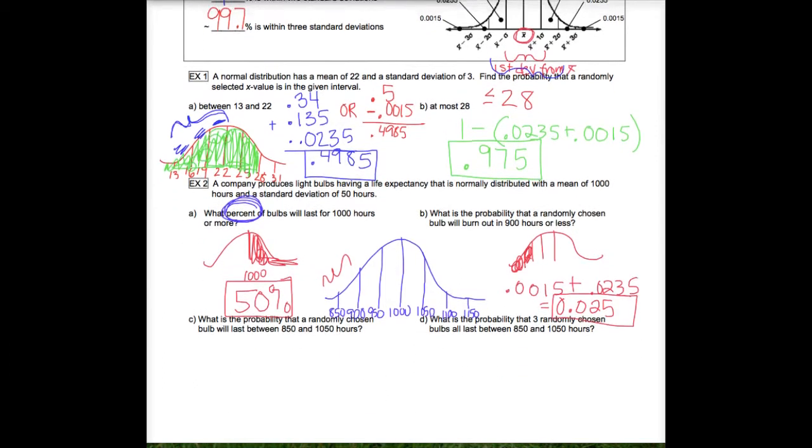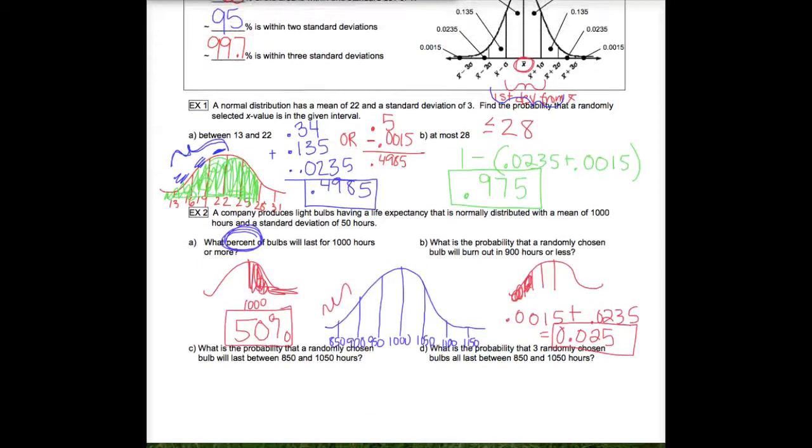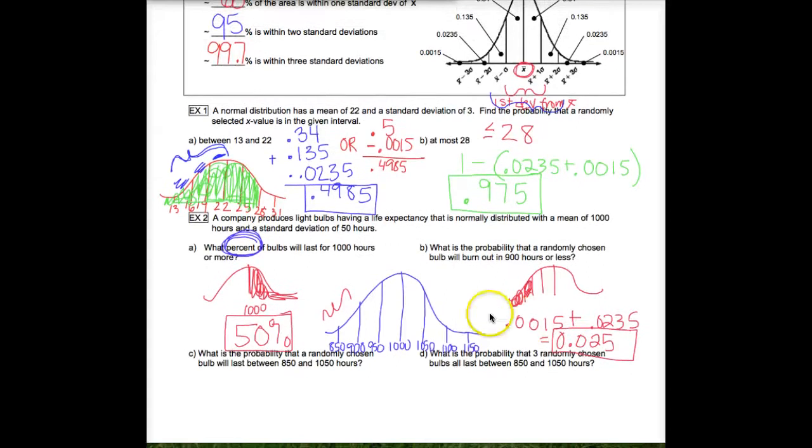Next, what is the probability that a randomly chosen bulb will last between 850 and 1,050 hours? So 850 to 1,050 is right here. So these two places together, that's 0.34 and 0.34, so that's 0.68.